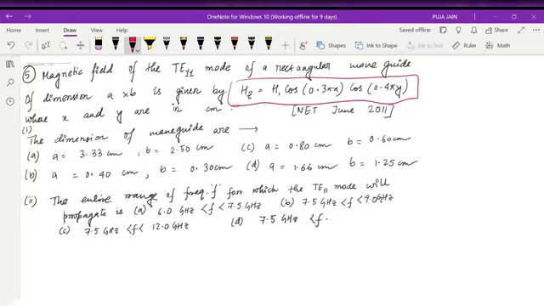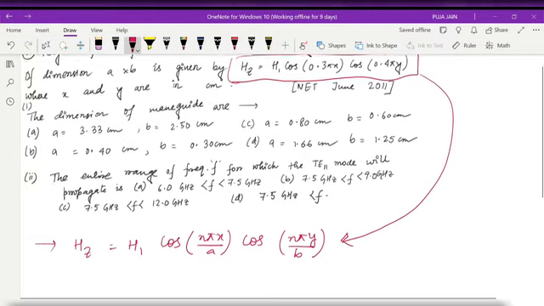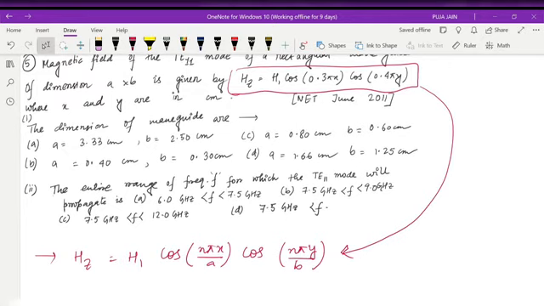Okay, so they have given Hz equals H1 cos 0.3 pi x cos 0.4 pi y. The general formula is Hz equals H1 cos(n pi x by A) cos(m pi y by B). If we now evaluate this, we will get the values: n pi x by A equals 0.3 pi x.